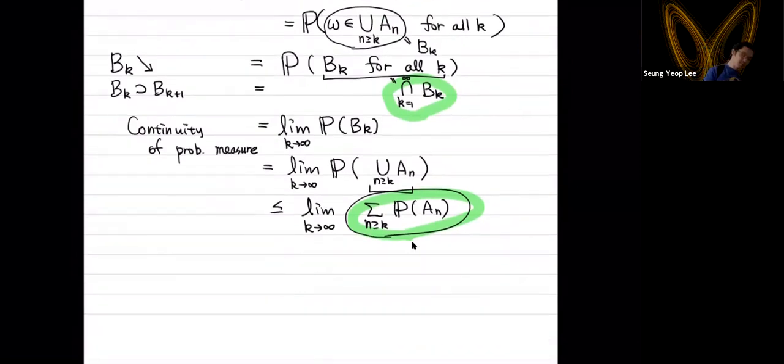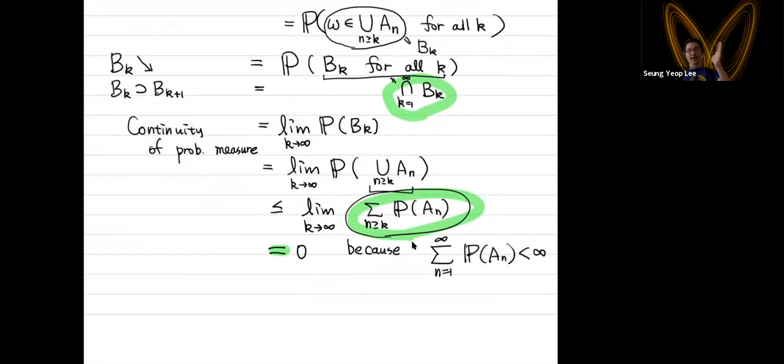So this must go to 0 because the original summation is finite, is convergent. So like 1 plus 1/2, okay, I think I have to finish.